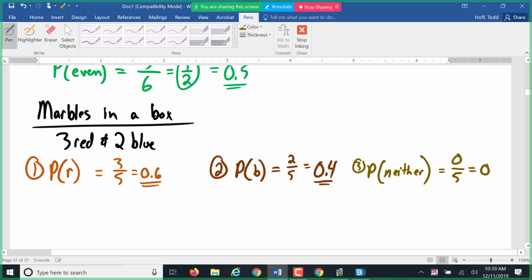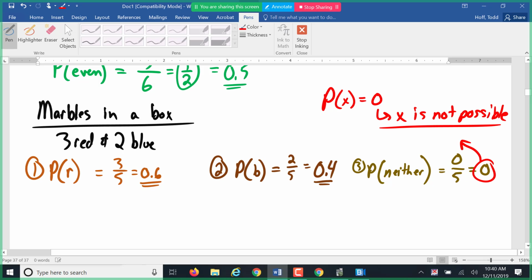So that's a 0 probability. What does that 0 probability mean? Well, if the probability of an event X is 0, that means X is not possible. It is not possible for that to occur.